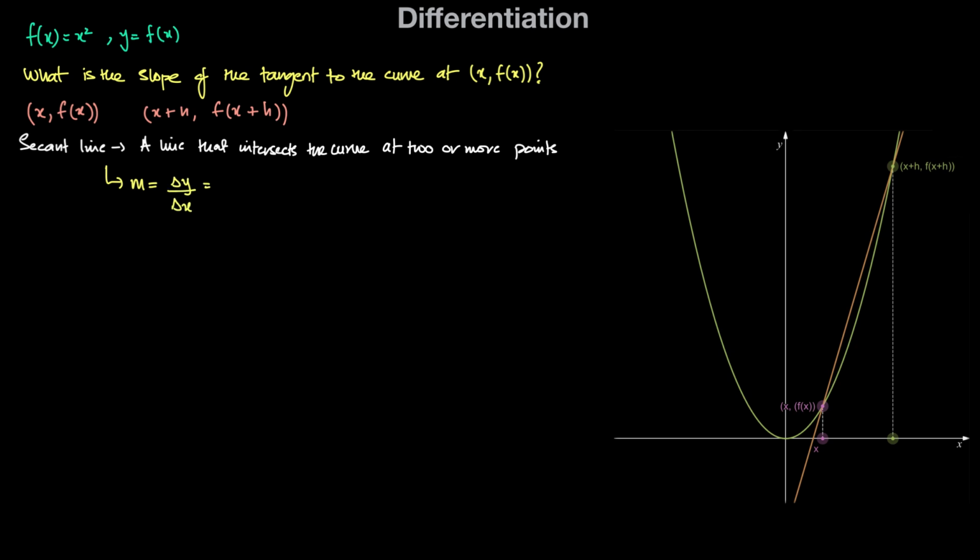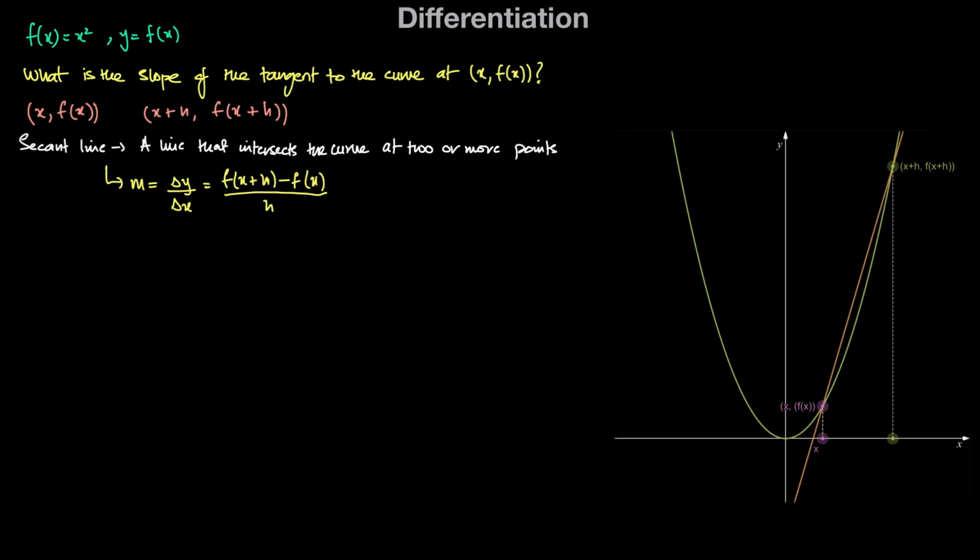And here we can take this point as x2 comma y2, and this point over here is x1 comma y1. So we can say over here that the change in y is f of x plus h minus f of x, and the change in x over here is x plus h minus x. So that's equal to h.